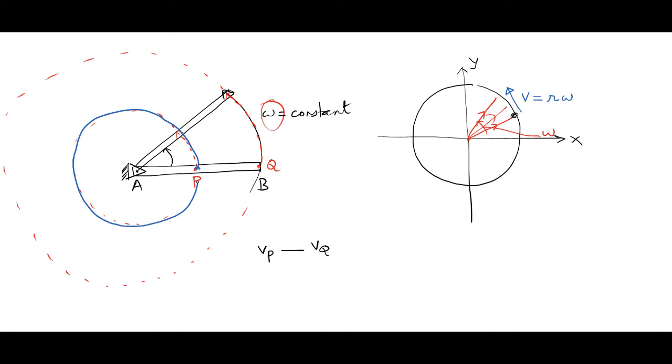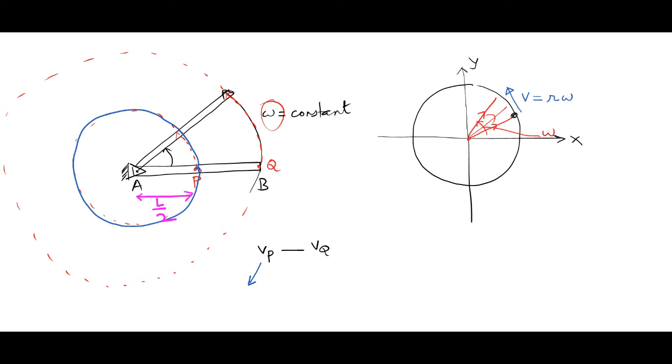It's going to cover a distance equal to the circumference of that circle, and therefore Vp is going to be the circumference divided by the time required to cover that circumference. I'm going to assume that this distance, the radius of that circle, that is the distance of P from point A, is half of the length of the rod.